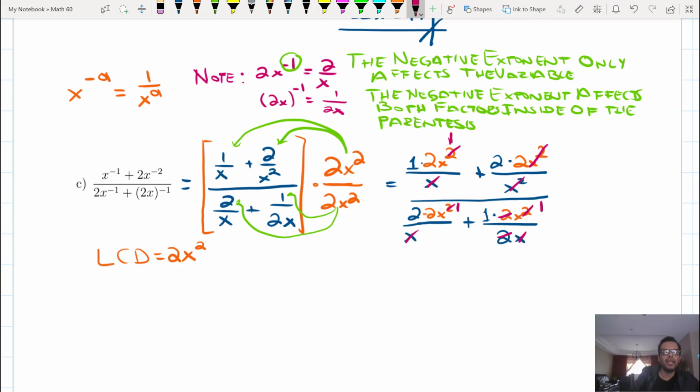Now, let's see what we get in the numerator of each of the fractions. In the first term of the numerator, we are left with 1 times 2, which is 2. As far as variables, we were left with 1 power of x, which is just x, plus 2 that multiplies 2, which is going to be 4.